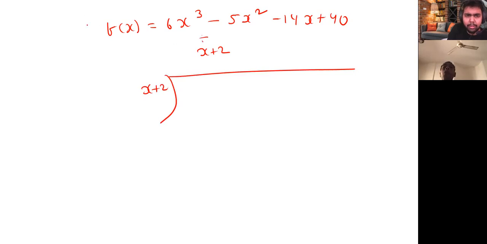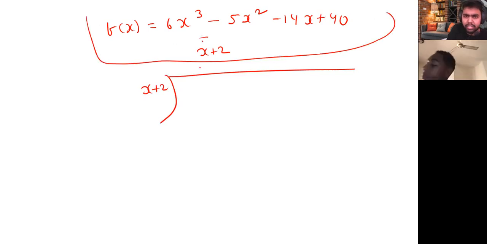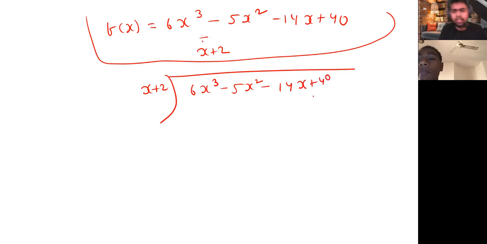I'm dividing by x plus 2. Okay, this is a separate thing, and here I will be writing the answer. So 6x cube minus 5x square minus 14x plus 40. Let me move the camera this side. Can I solve directly, because you know how to? We divide this term with this number, then again whatever we multiply.